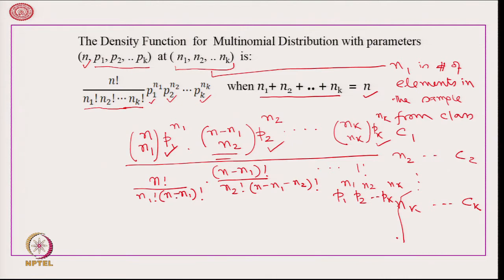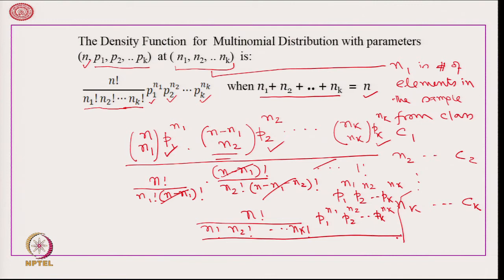And therefore, this cancels with this, and in a similar way, corresponding to class 3, this is going to cancel with the numerator. So, finally, we will end up with n factorial upon n_1 factorial, n_2 factorial up to n_k factorial, into p_1 to the power n_1, p_2 to the power n_2, ..., p_k to the power n_k.